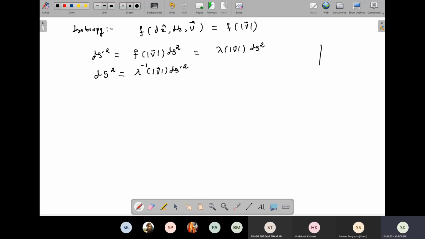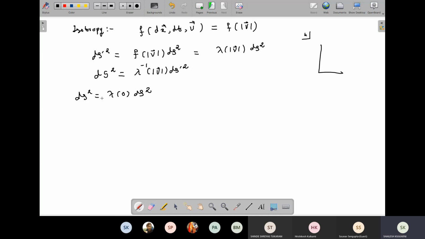Now if I consider a k frame, I can talk about going from the k frame and coming to the k frame. That means no relative motion, just one single frame, going from the k frame and coming to the k frame. It means that ds square equals lambda 0 ds square, right?